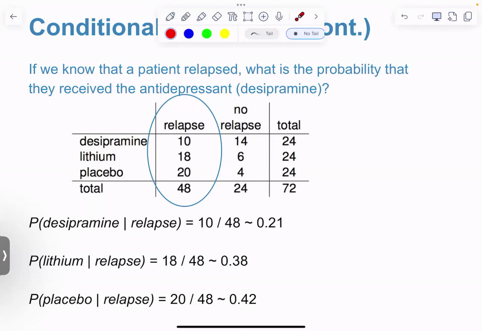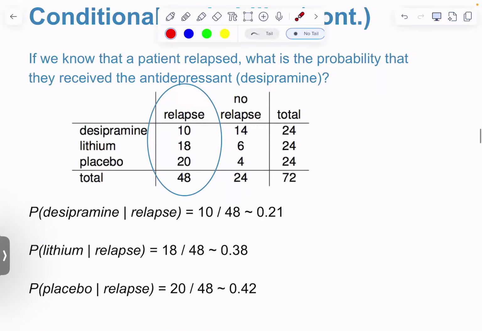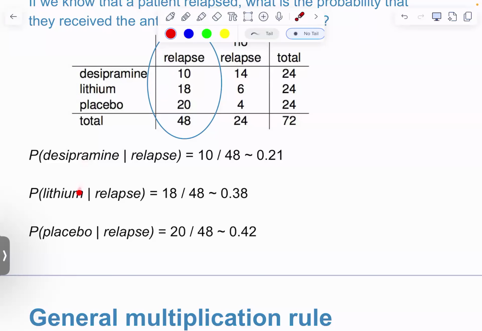Now this looks a lot simpler than the Florida voters, but it's the same idea, right? And so of this subgroup, then what's the probability of something? Now, when we compare these groups, knowing that they were in the relapse group, we see some variability in the probabilities, right? And it looks like these were slightly improved over the placebo, and so that's good, I guess. It's always what you're going for. Okay?